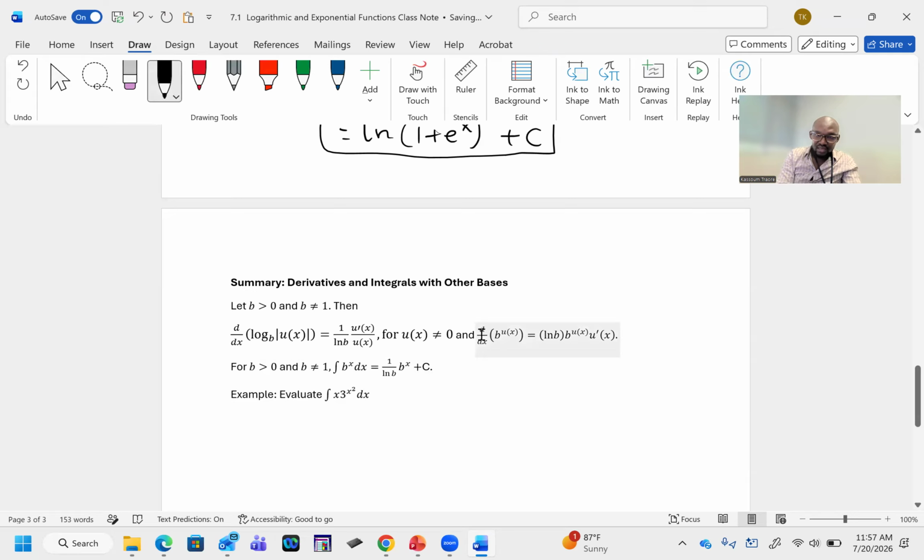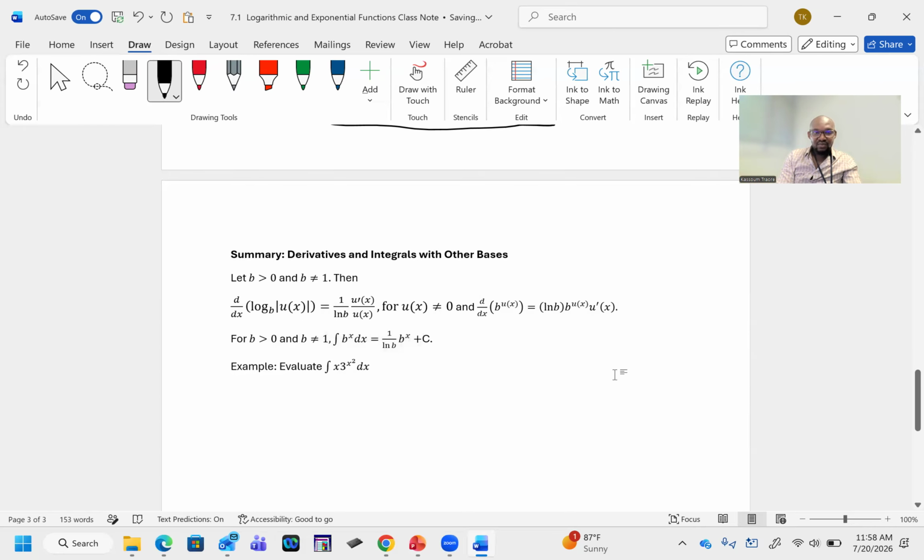And the derivative of b to the power of u(x) with respect to x is equal to ln of b times b to the power of u(x), and then times u prime of x as well. For b positive and b different from 1, do not forget the integral of b to the power of x dx is equal to 1 divided by ln of b times b to the power of x plus c.